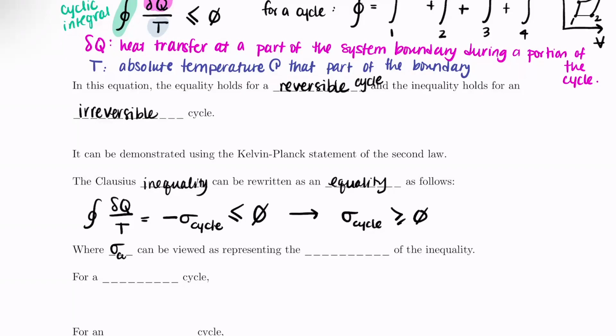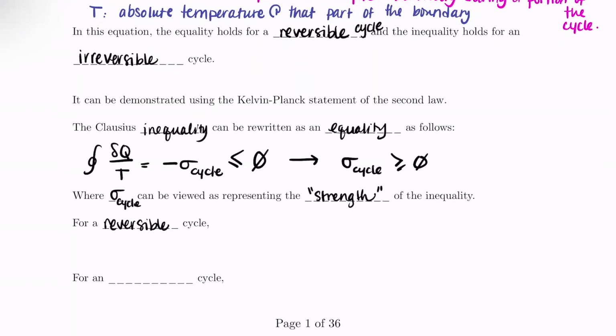So sigma cycle can be viewed as representing the strength of the inequality. And for a reversible cycle, we have that sigma for the cycle is equal to 0 because the equality holds.